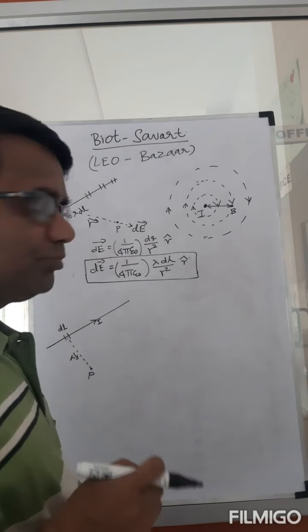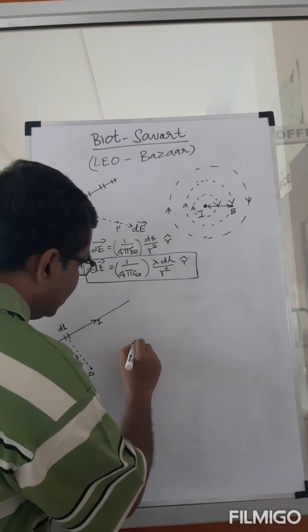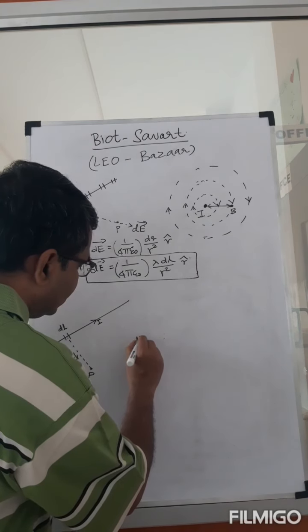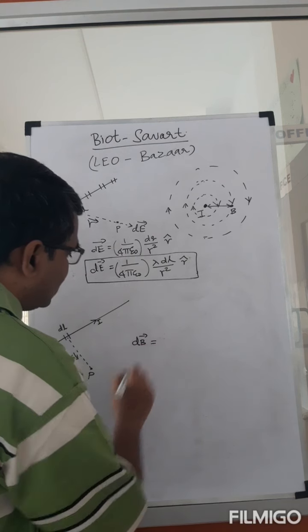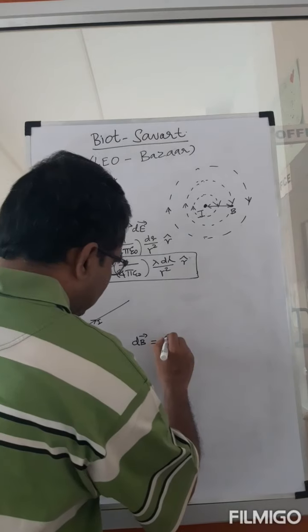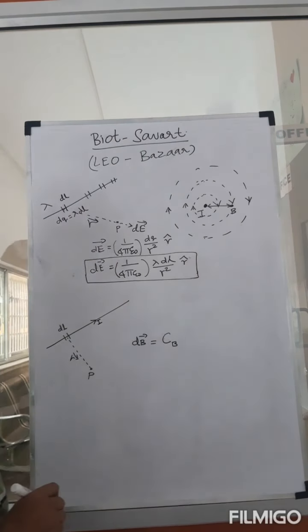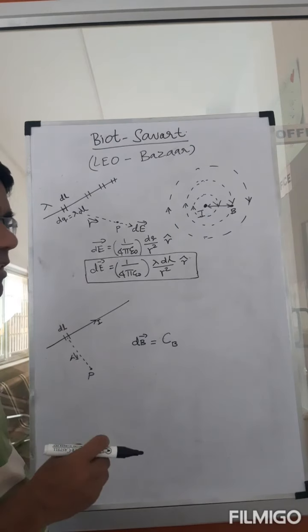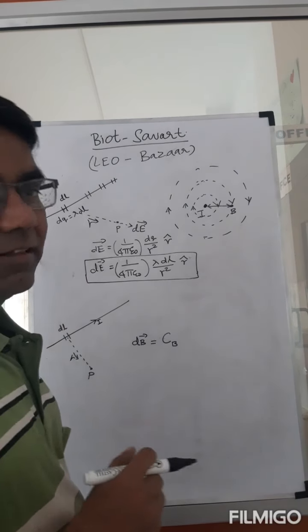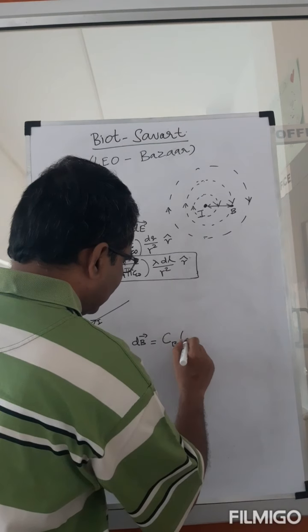So how do I do that? Okay, same. I'm going to get dB. That is equal to, we saw it before, that there is this constant Cb, okay, and there must be I dl. So I dl is here, the magnetic charge.